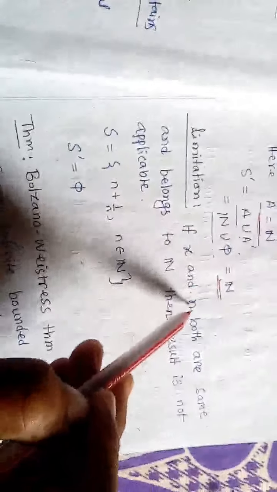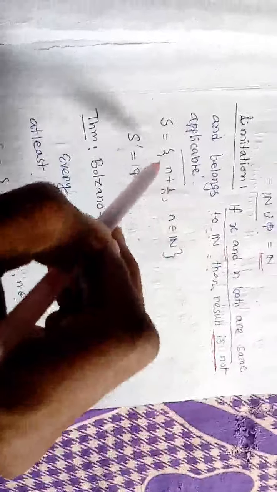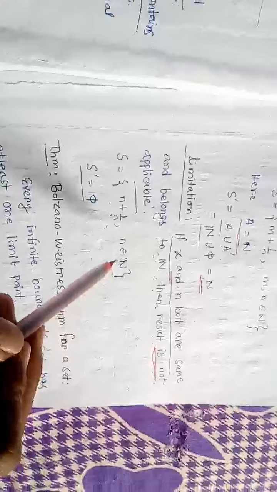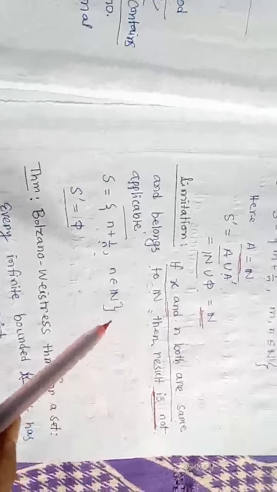Suppose x and n both are the same and belong to the natural numbers, then the result is not applicable. That means for n plus 1 upon n, n belongs to the natural numbers, S dash equals phi.